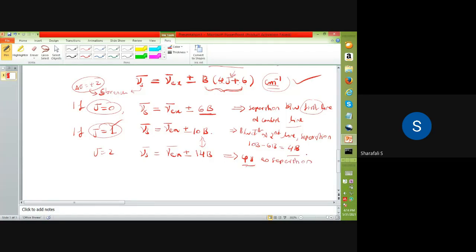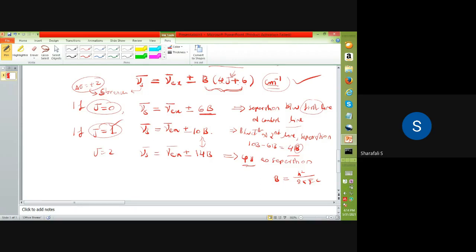So between the first line and the central line we have 6B separation, and between all the other lines, from the first line, second line, third line, we have 4B separation. B, as you already know, is the rotational constant. We can calculate it by the equation B equal to h square by 8 pi square I c.